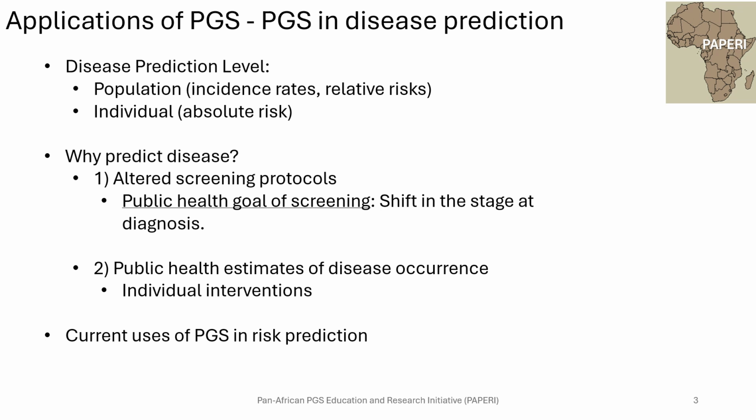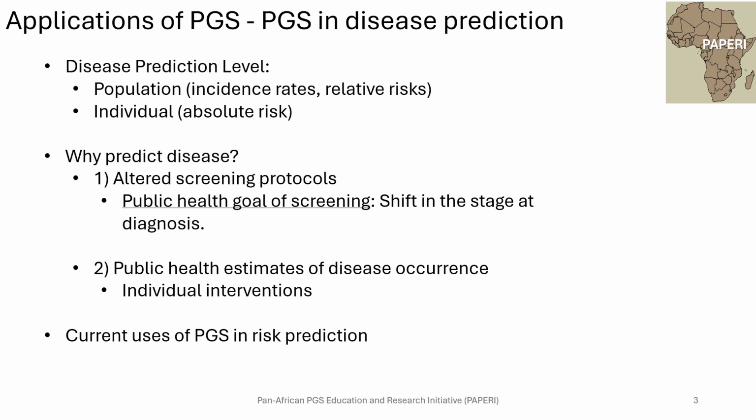Common measurements for this are incidence rates and relative risks, where we're looking at predicting disease incidence, but not necessarily estimating the probability of disease occurrence in an individual, but more so trying to understand general patterns of disease incidence based on polygenic risk score within a sample or a population.